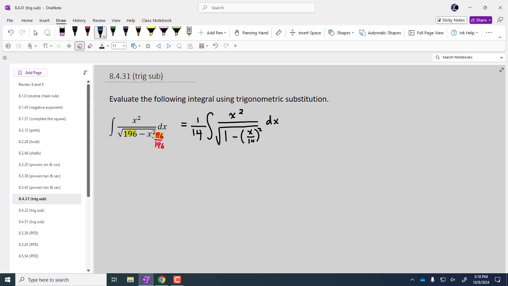Let's put that over here. So x divided by 14 is going to be sine of theta. And then we take our derivatives and we get 1/14 dx is equal to cosine of theta d theta. Then we just replace stuff.